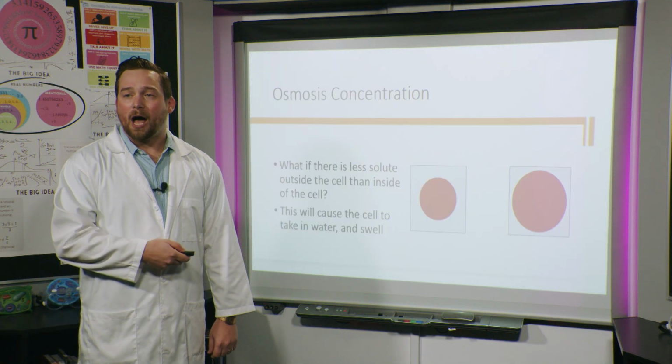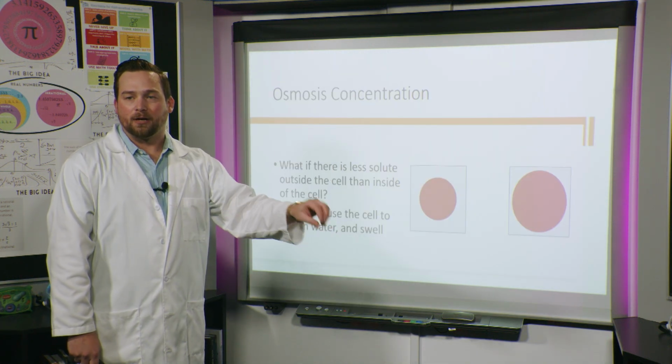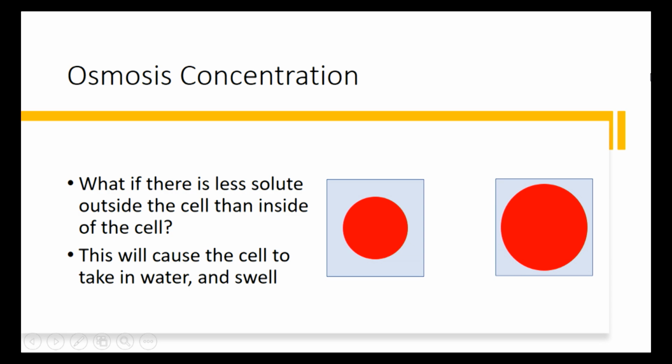Okay, so what if the opposite happens? What if there's less solute outside of the cell? Less solute outside of the cell, more solute inside of the cell. Okay, in this case, the opposite's going to happen. Because there's more solute inside of the cell, the water's going to rush into the cell, and that's going to make the cell expand.